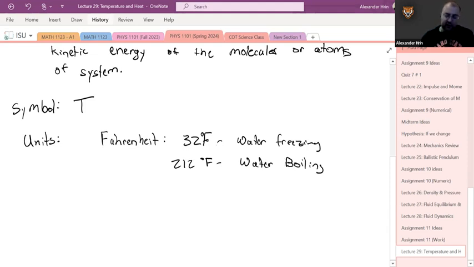So the idea behind Fahrenheit, I don't remember the two reference points exactly, but I believe 0 is defined as the temperature that an equal mass mixture of water, ice, and salt will reach after you throw them all together. That's just their equilibrium state. I think that's what it was. I don't remember how the Fahrenheit scale got started.